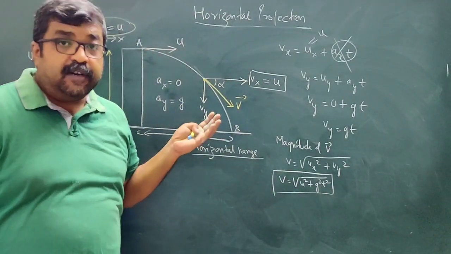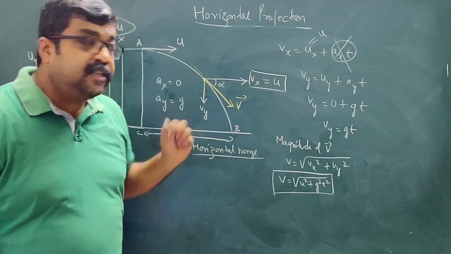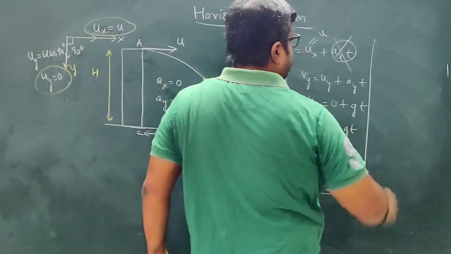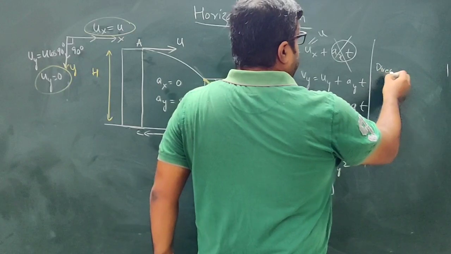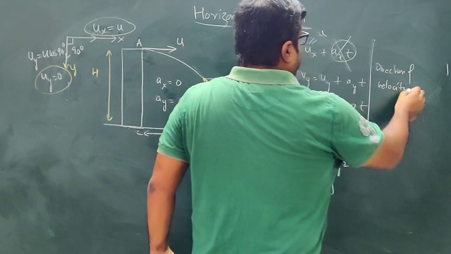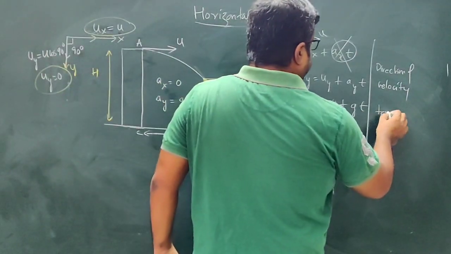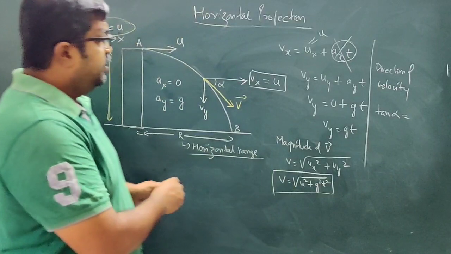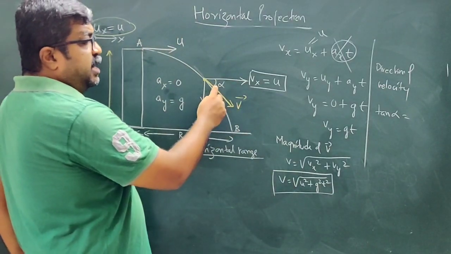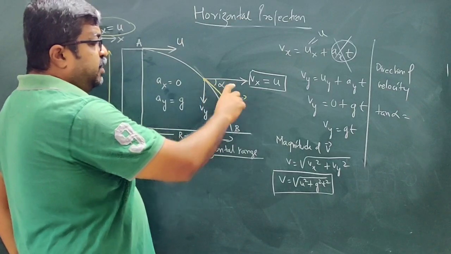But velocity is a vector quantity, so in addition to magnitude, we also need to find the direction. So the direction of velocity, that is this angle. What is the value of tan alpha? If you take this triangle, tan alpha is perpendicular by base. Perpendicular means Vy.